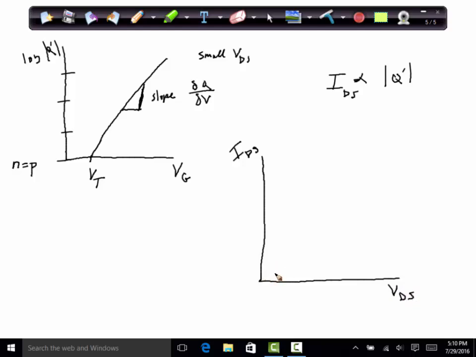and for gate voltages below the threshold, we basically get the transistor off, and I'm just drawing it slightly non-zero just to indicate that there's leakage.